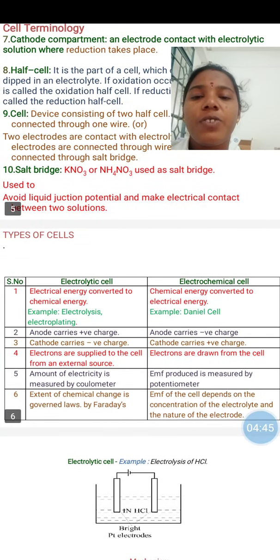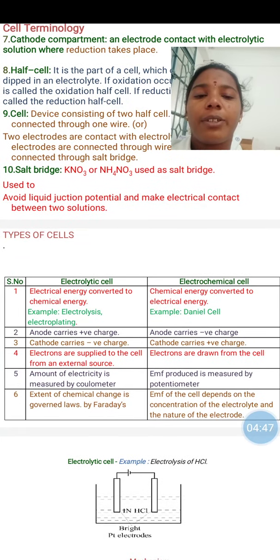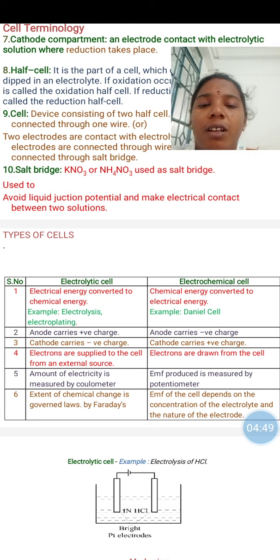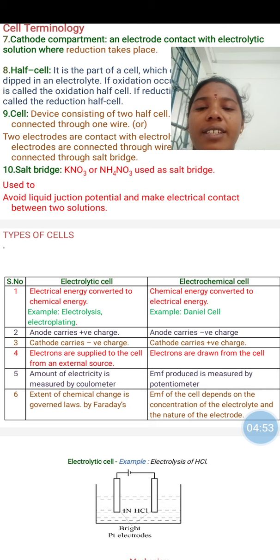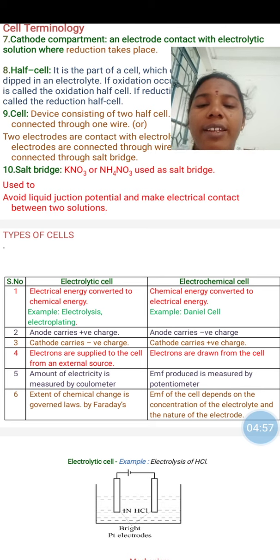Now the differences between electrolytic cell and electrochemical cell. First, in an electrolytic cell, electrical energy is converted into chemical energy, for example electrolysis and electroplating. In an electrochemical cell, chemical energy is converted into electrical energy, for example the Daniell cell.